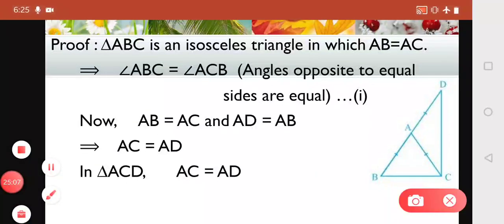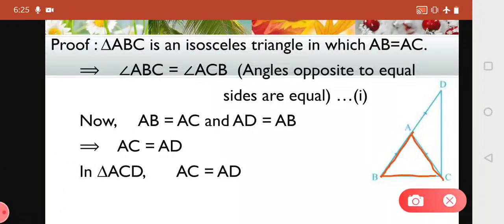This is given. Now first we have taken triangle ABC, which is already given as isosceles triangle where AB equal to AC. So we will get these two angles equal, that is angle ABC equal to angle ACB according to theorem 7.2, that is angles opposite to equal sides are equal.